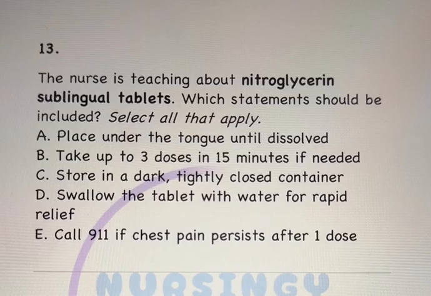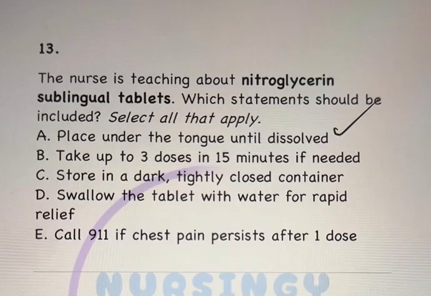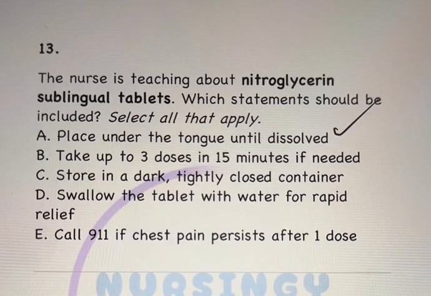Do we need to tell the patient about placing this under the tongue until dissolved? Yes, because it will help it absorb directly.